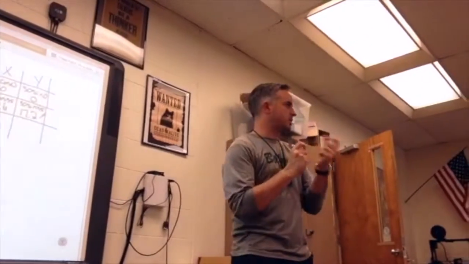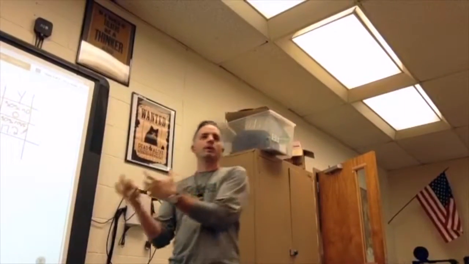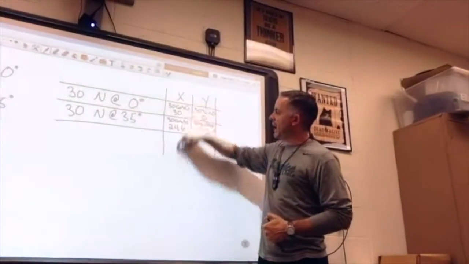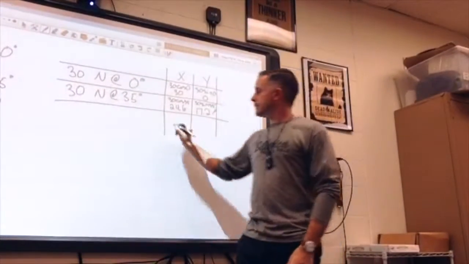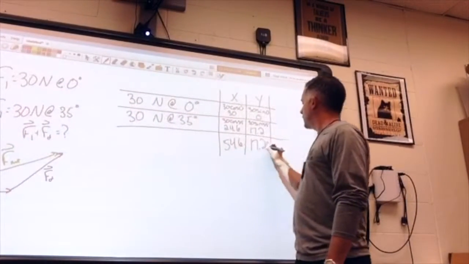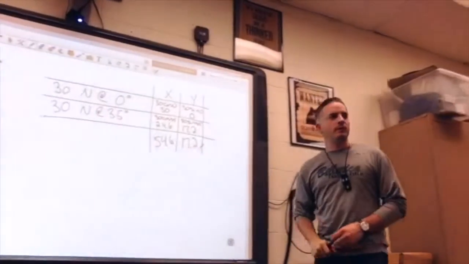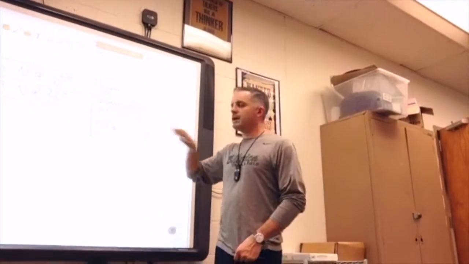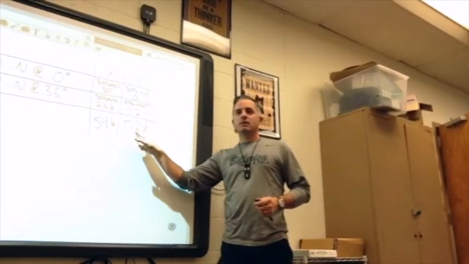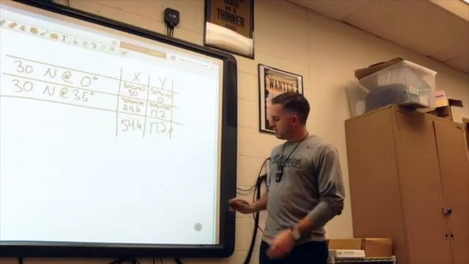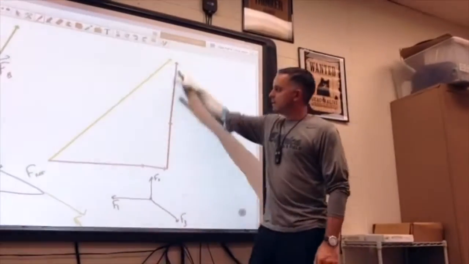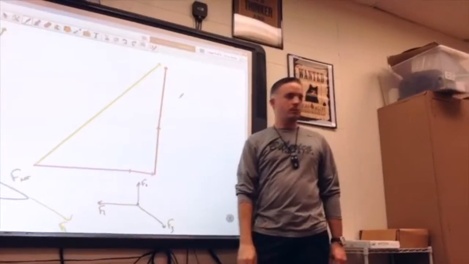So that's the initial step: we've now mathematically broken down our vector into components. Our next step is to add the columns down. So I have an x component of 54.6 and I have a y component of 17.2. These are now the components of my net force.